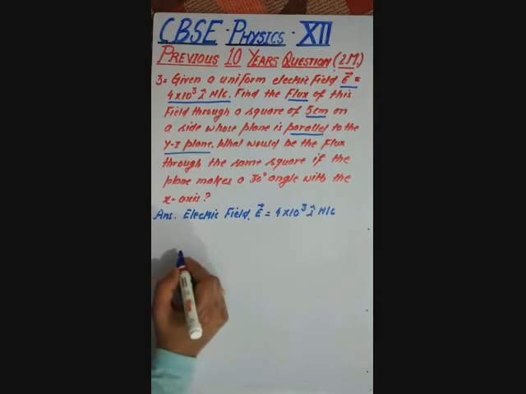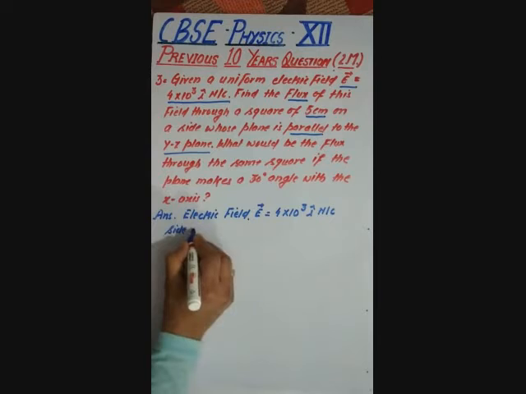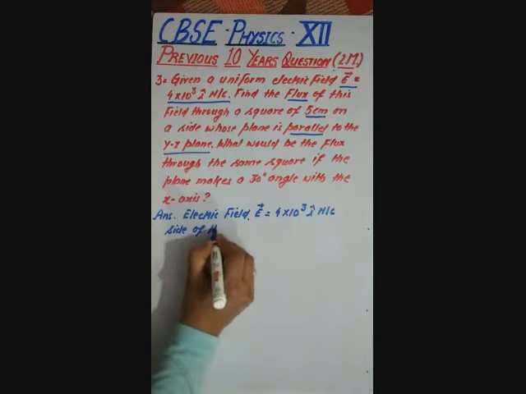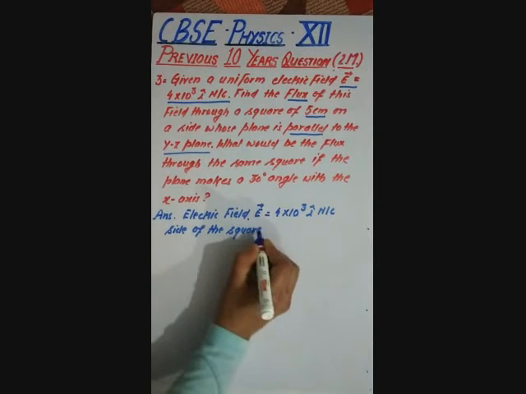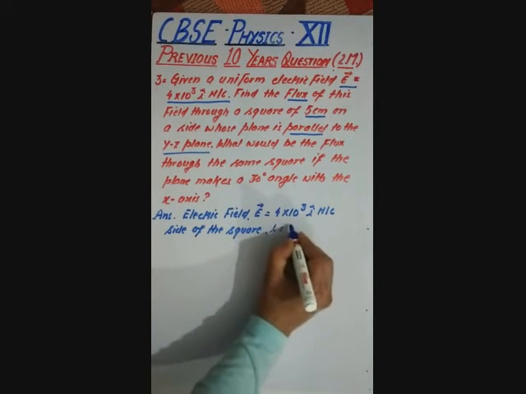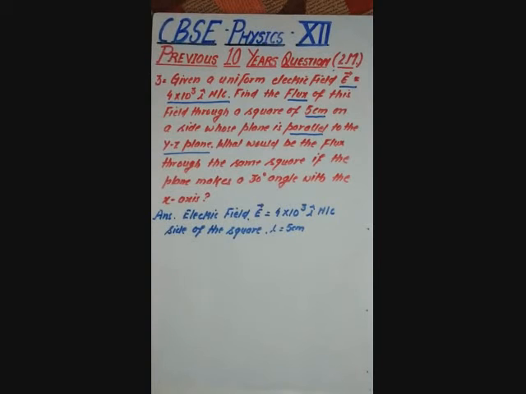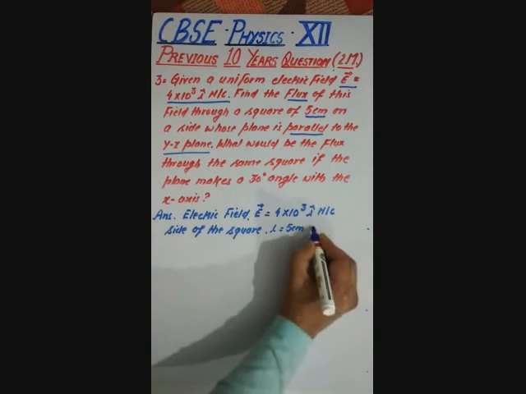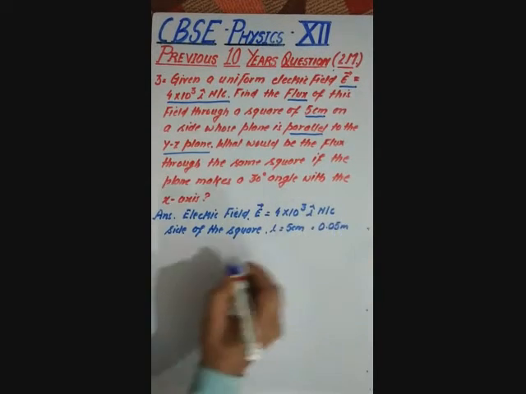The side of the square is given 5 centimeter. Suppose the side will be L, 5 centimeter. When we convert centimeter into meter, it became 0.05 meter.